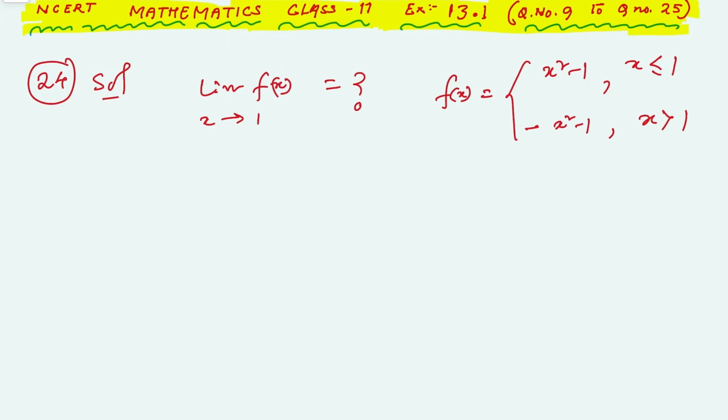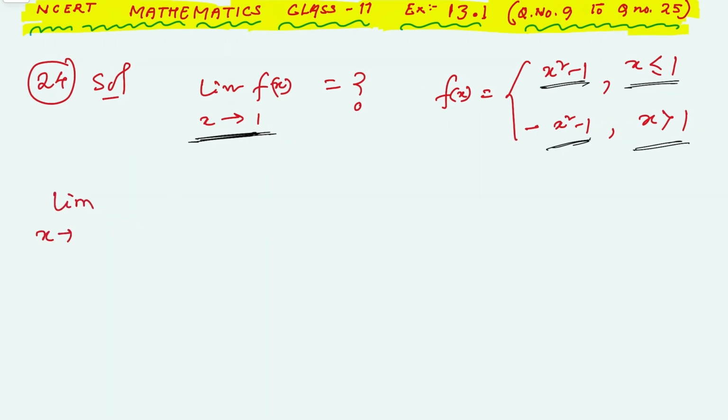So here there are two different expressions for the left hand limit and the right hand limit, x greater than 1 and x less than or equal to 1. So that's why we need to calculate from both sides.